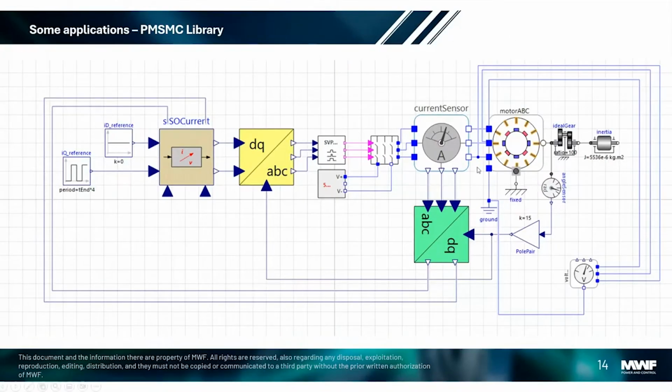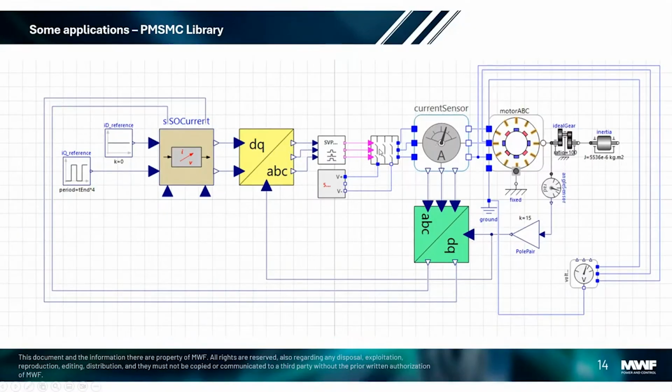So, looking into the details of one of these models here, like this motor, you are going to be able to see that the rotor, the stator, and any aspect of the windings, the thermal model, and so on, are all designed in such a way that they only work if they are put together.